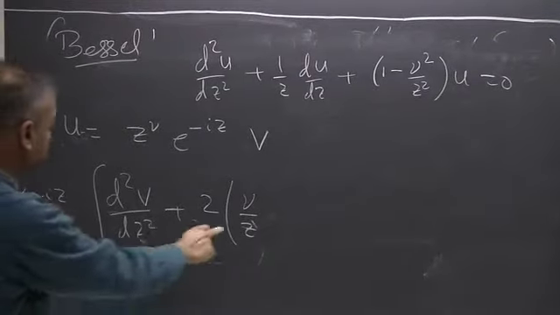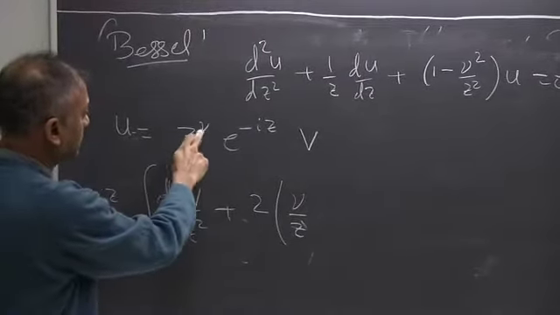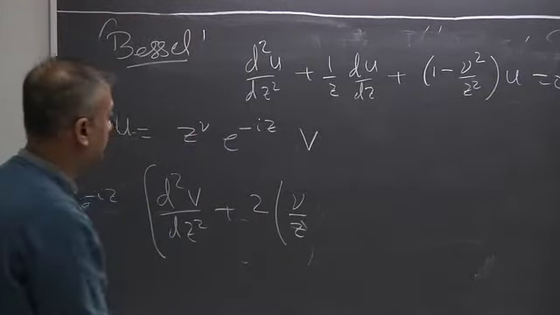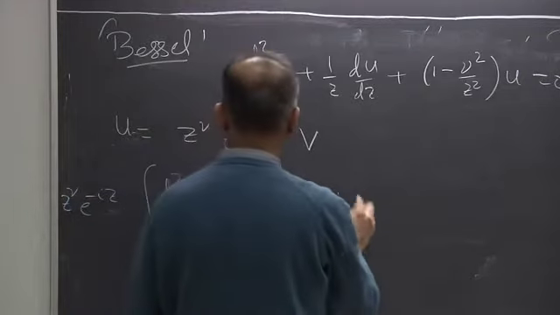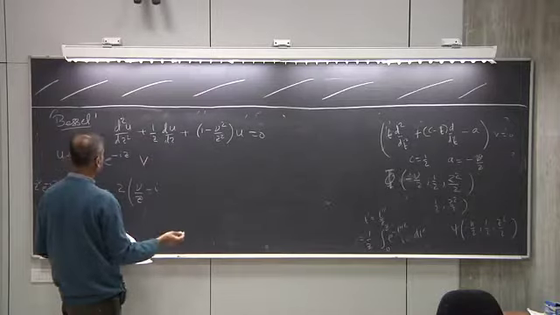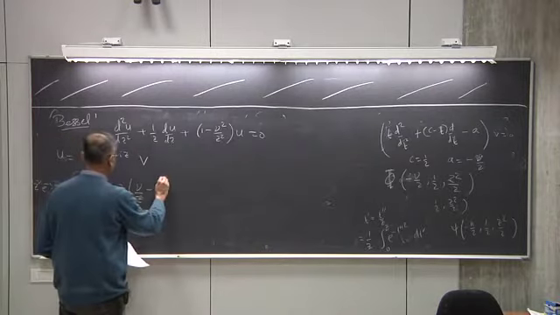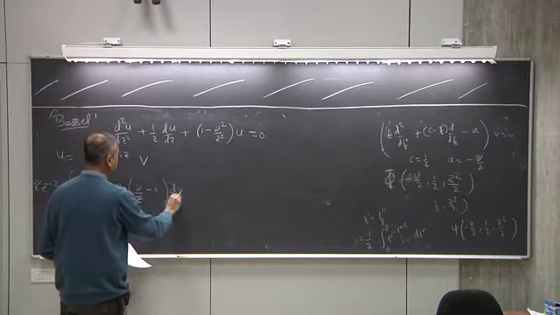So there will be one term which is derivative hitting there will give you nu times z to the nu minus 1, but since I take out z to the nu, there's a 1 over z, and then minus i. That's it, right? From here, that times dv by dz.